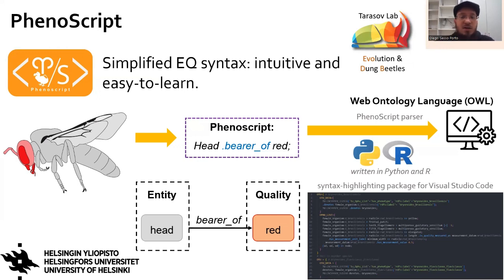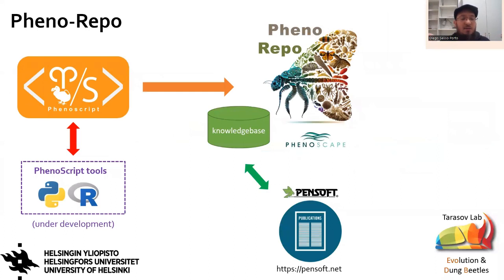And we can store these in different file formats. So we actually produced a syntax highlighting tool for VS Code that can make writing using Phenoscript really easy. And we envision also a pipeline where you can produce species descriptions.